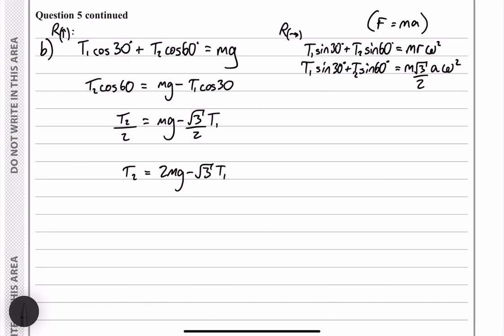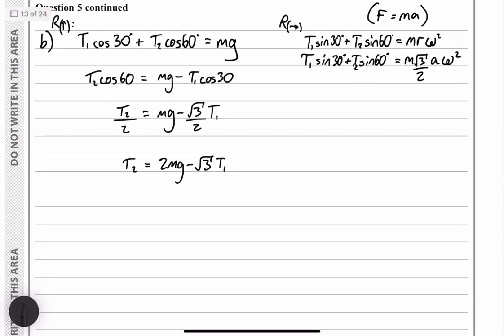Now I can substitute that into the horizontal equation to give T1 sin 30, so that's a half again, plus T2, but we're going to substitute 2mg minus root 3 T1 for T2, and then sin 60, which is root 3 over 2.